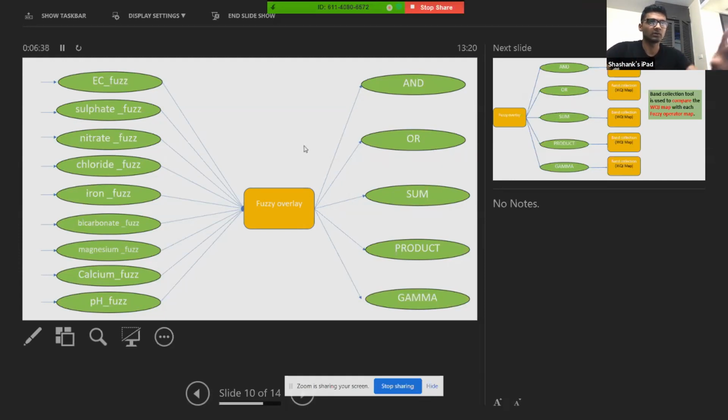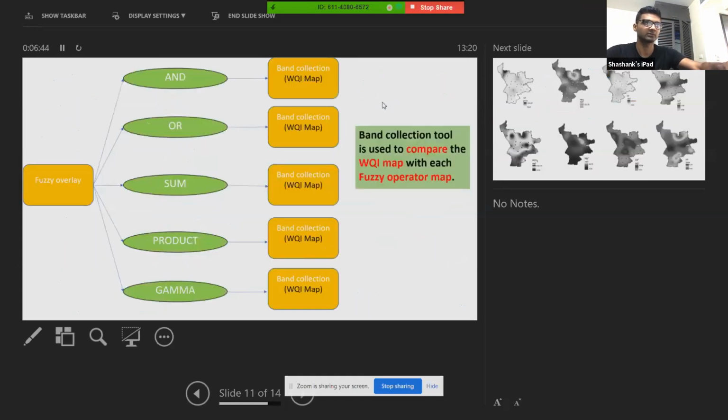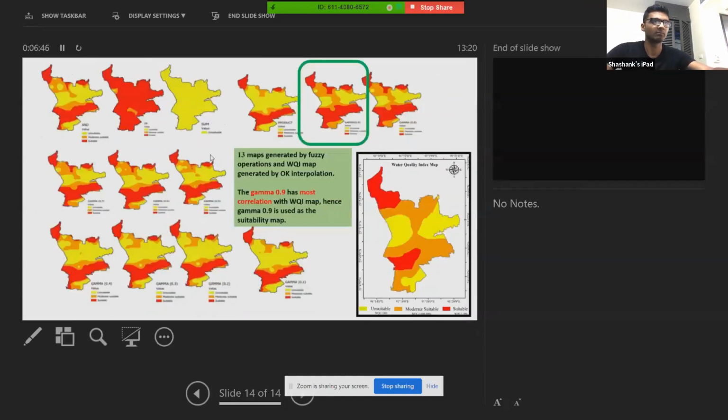I will show you the fuzzified operator maps. Okay, please ignore the green box and the water quality index map. Right now, I just want you to focus on the fuzzified output maps. So these are the fuzzified output maps which got created.